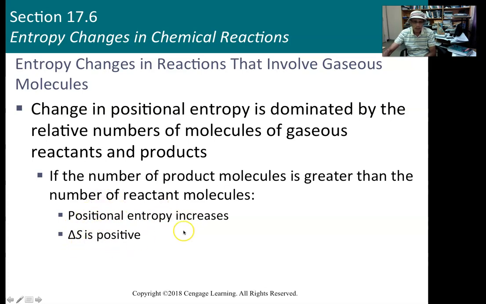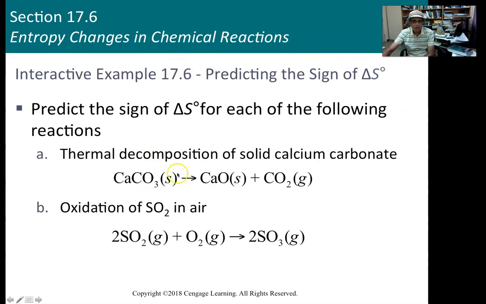So that's what we expect in dealing with the gases, products, and reactants. Now, if you look at this one here, the thermal decomposition of calcium carbonate, there is one gas molecule in the product, so you expect an increase in positional probability when you go forward to the product. So this will be a spontaneous process.